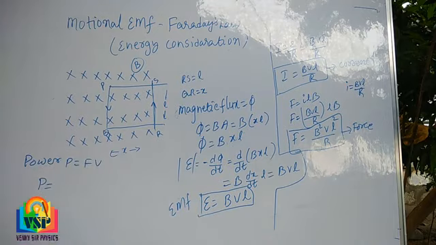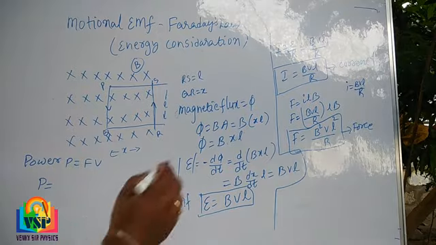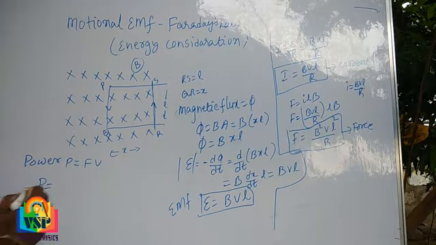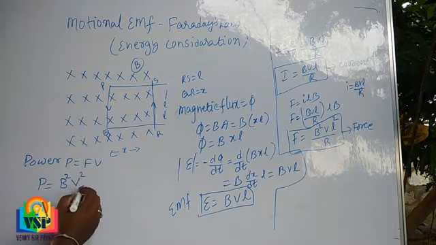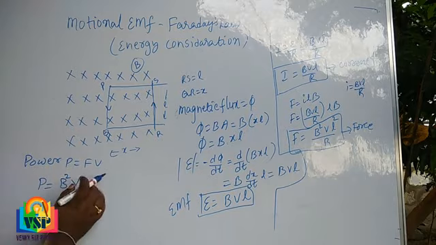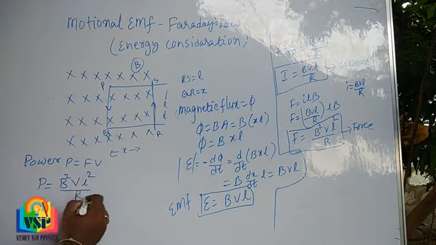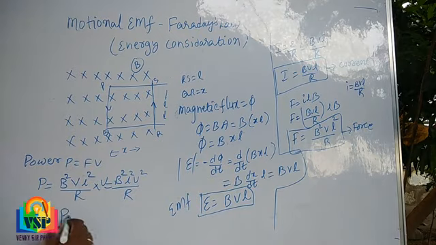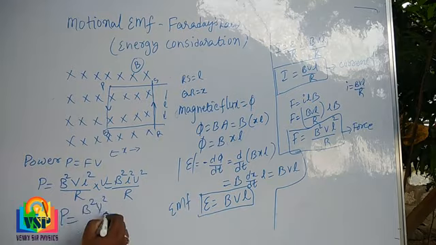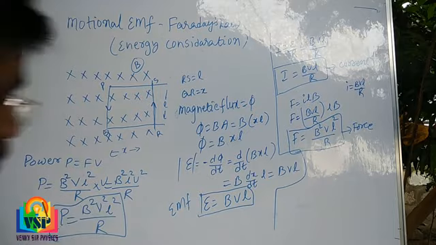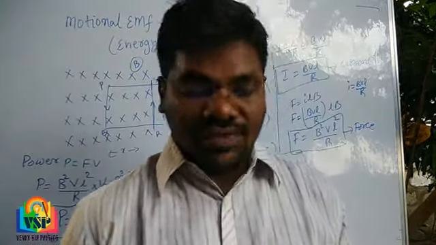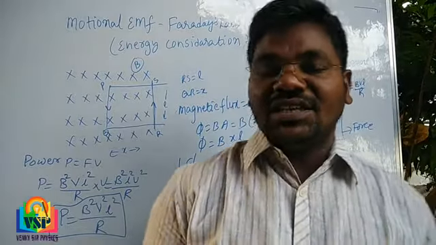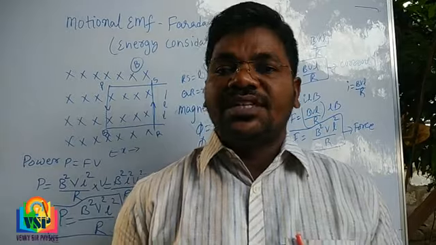The force is B square V L square by R, into V. Rearranging, P is equal to B square V square L square by R. This gives the power. Very important one. This derivation has already been given in previous CBSE board exams.